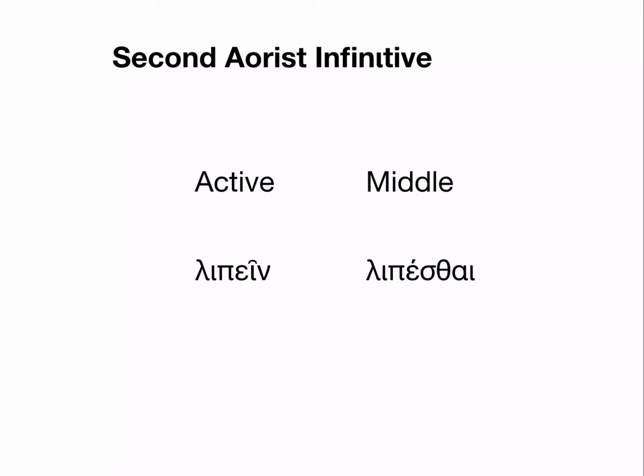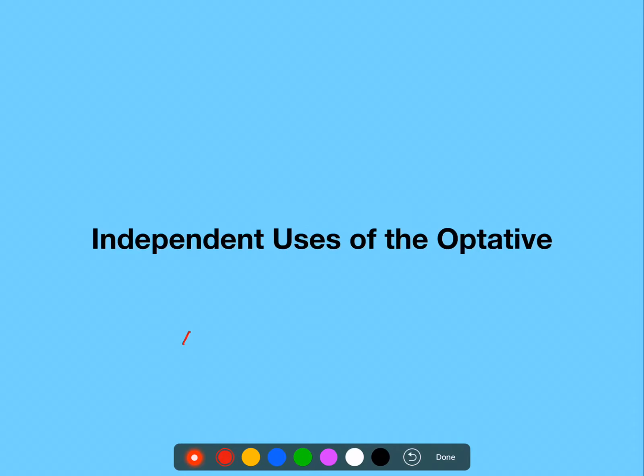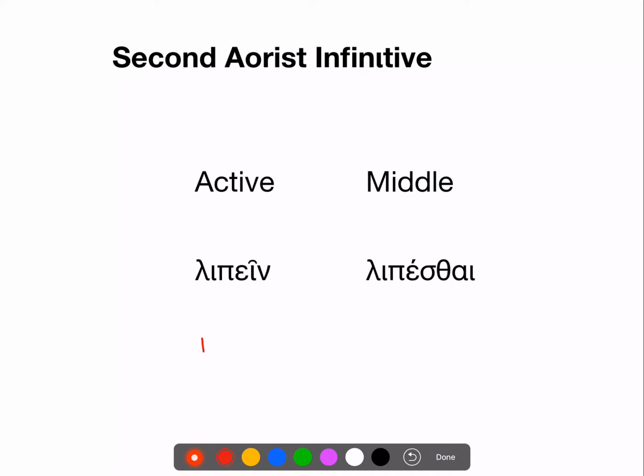For the infinitives, remember that the present infinitive active would be leipein, and the present infinitive middle would be leipesthai. The second aorist infinitive, take the stem from the third principal part. Remember, no augment, because like the subjunctive and the optative, the infinitive does not have time.